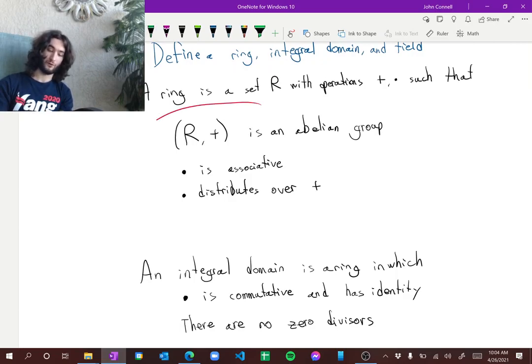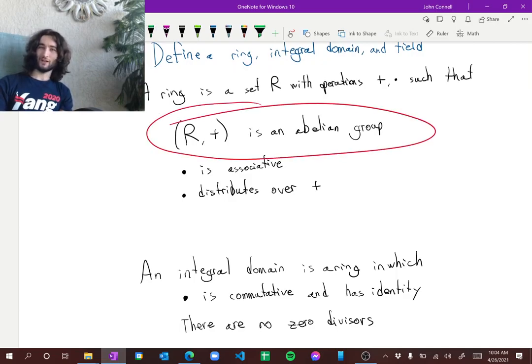A ring, first of all, if it just has the first operation, then it's got to be an abelian group. Abelian group, of course, meaning that it's closed, it's associative, it's got an identity, and it's got inverses. In a ring, we call the identity for this operation the additive identity, and we call that 0. Again, we're not necessarily talking about numbers or regular addition.